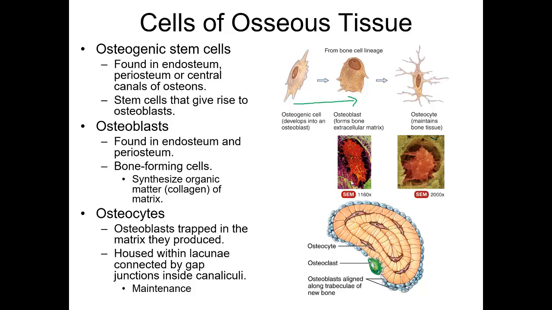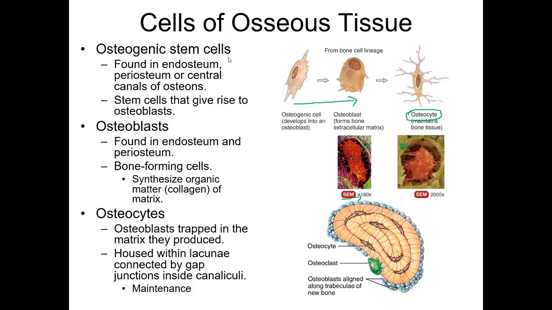Here you have a nice scanning electron micrograph of an osteoblast. An osteoblast is a collagen secreting cell. Here you can see it's secreting collagen. So collagen is secreted and it attracts calcium ions and turns into an osteocyte, which is nothing but a mature bone cell.